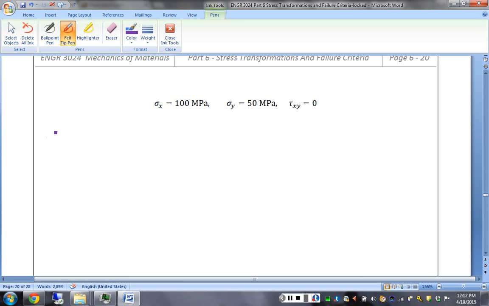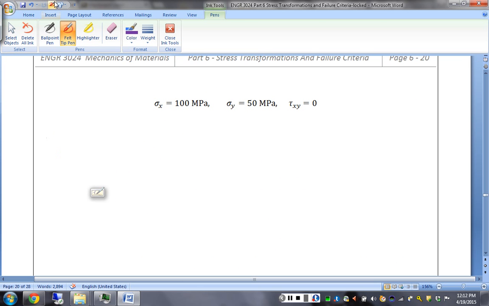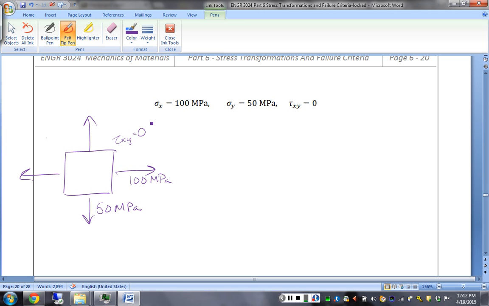So in this case, if we draw our planar arbitrary stress state, we have sigma x tensile 100. We have sigma y also tensile. And again, if one of the stress values is 0, it's probably a good idea to explicitly write that.